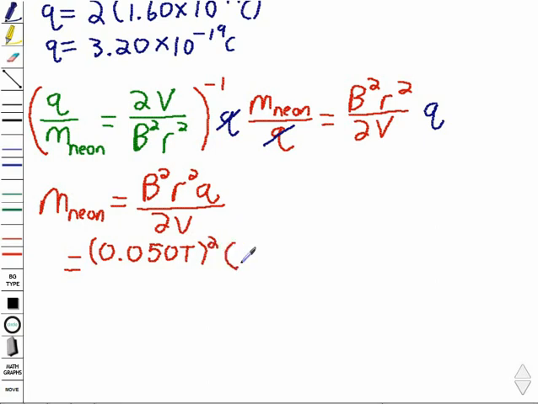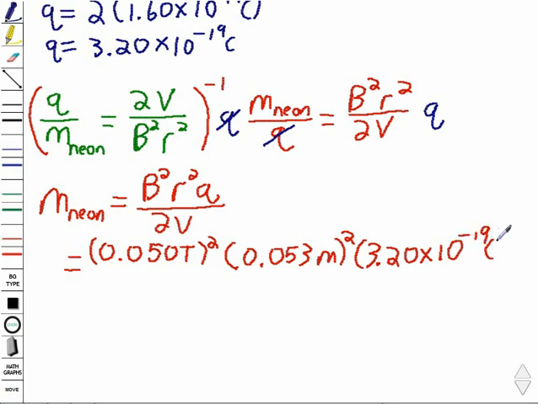Then multiply by the radius, 0.053 meters, squared, and then multiply by the charge, which is twice the charge of a proton, 3.20 times 10 to the negative 19th coulombs, and then divide all that by 2 times our voltage, 34 volts.